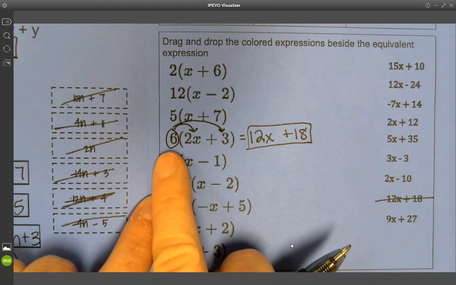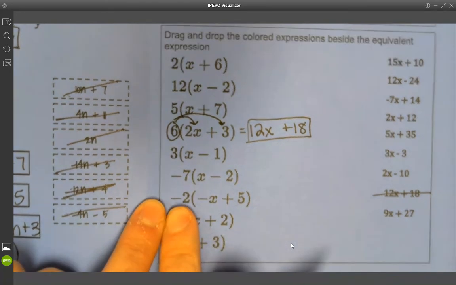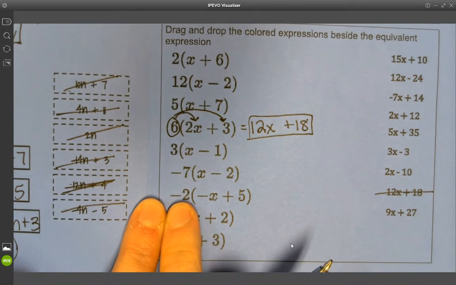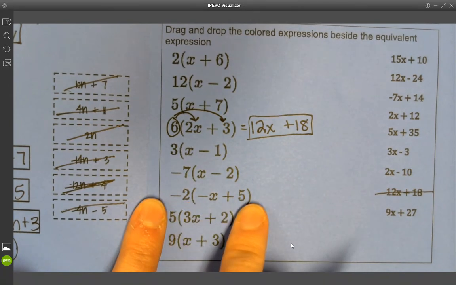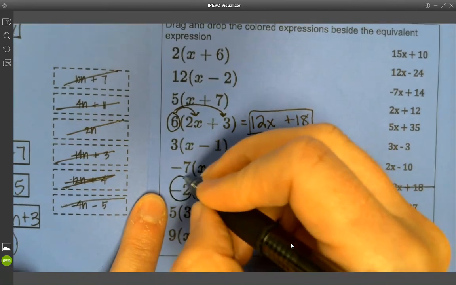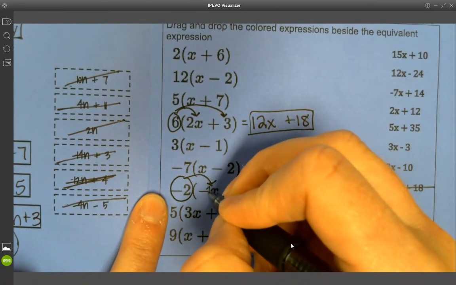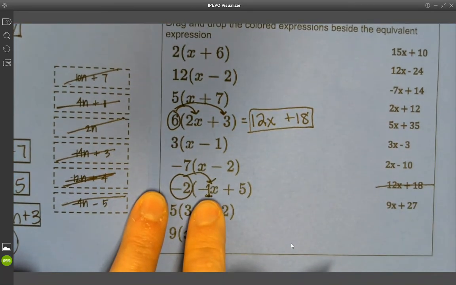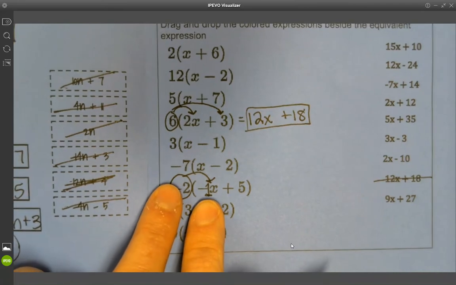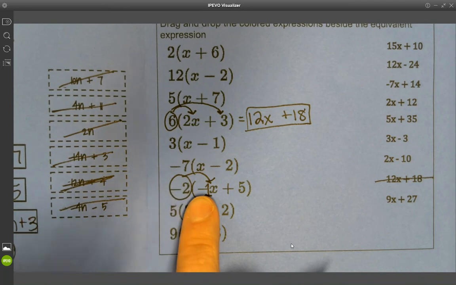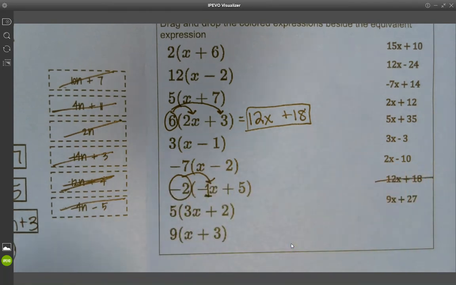Okay, let's go to another one. Let's go to this one. Negative 2 parentheses negative x plus 5. That's like a 1x right there. I can put a 1 right here. If there's no number in front of the variable, then it's 1. So if I have a negative 2 times a negative 1, negative times a negative becomes a positive.